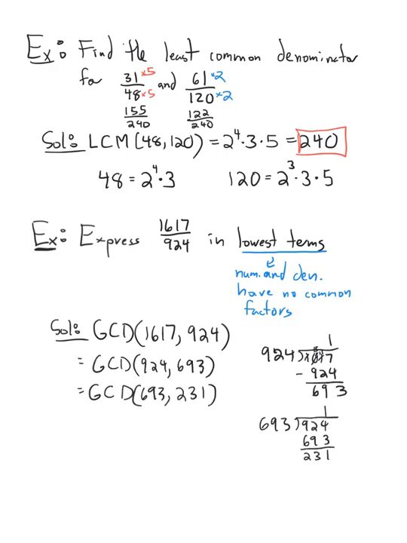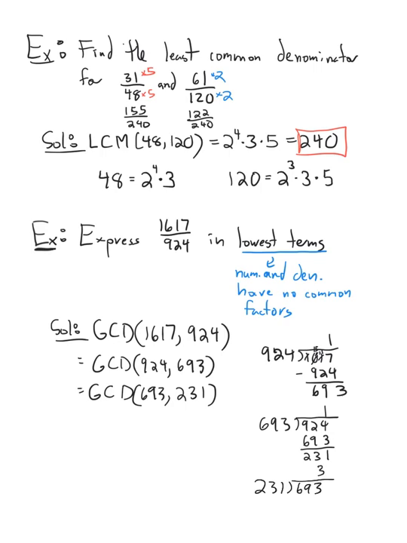If you're struggling to see what's going on here, I suggest that you pause this video and go back to the previous video where we talked about the Euclidean algorithm and refresh yourself on that method. So let's keep going. 693 into, or sorry, other way around, my mistake. 231 into 693.